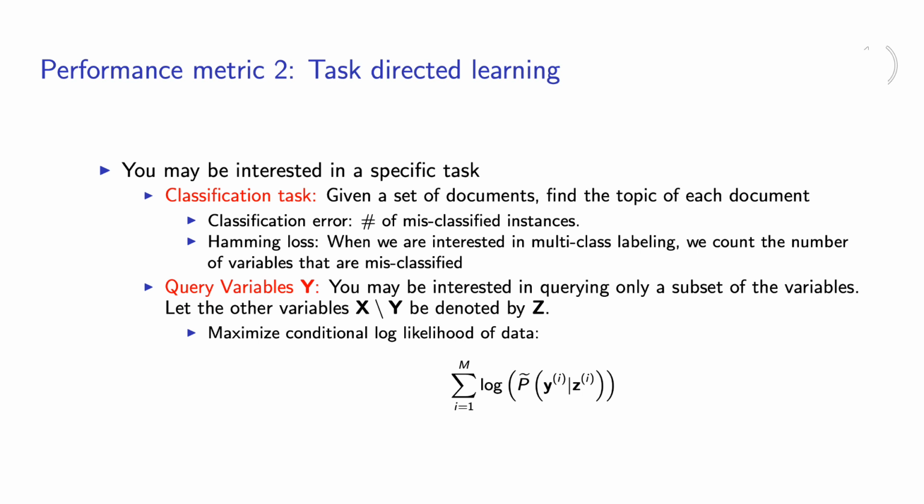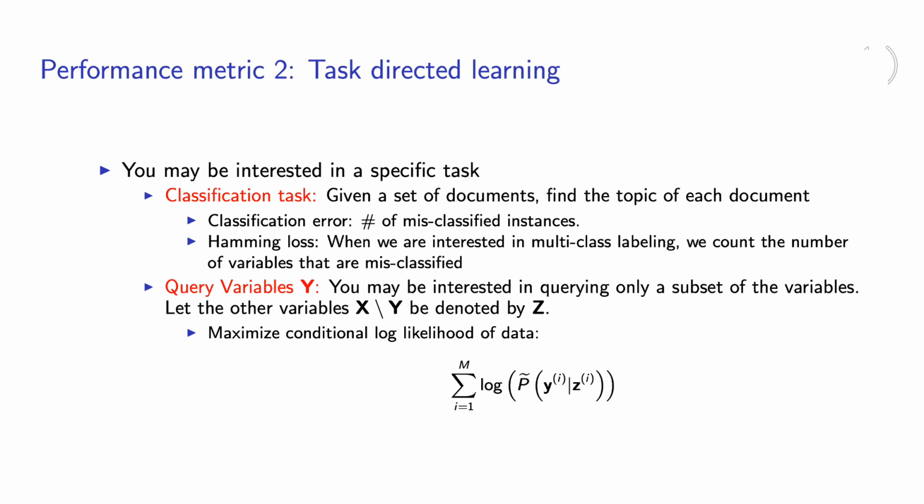Since in the classification task you are interested in the value of just one variable, we can use more specific task-directed metrics such as classification error and Hamming loss. Classification error is defined as the fraction of examples that are misclassified, and you want to build probabilistic models such that classification error is minimized.